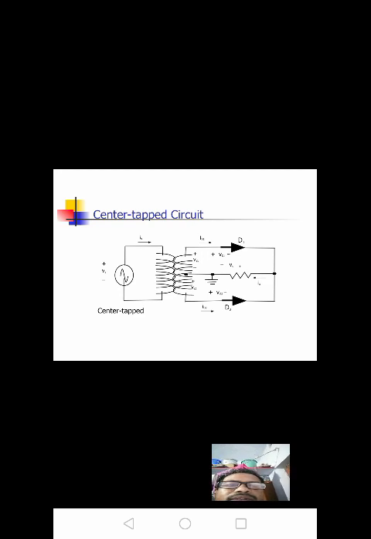The current flows through the R load. Similarly, during the negative half cycle, diode D2 is conducting and D1 is off. At that time, the current flows in the same direction, current I0. Here the switching losses are low. Why? Because we need only two diodes.